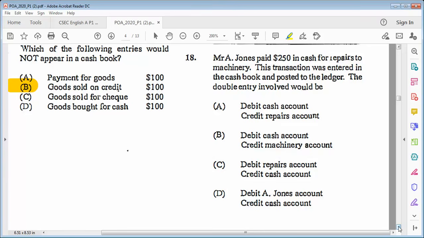The double entry involved would be A, debit cash account, credit repairs account, B, debit cash account, credit machinery account, C, debit repairs account, credit cash account, or D, debit A. Jones account and credit cash account. Our answer would be C, debit repairs account and credit cash account.